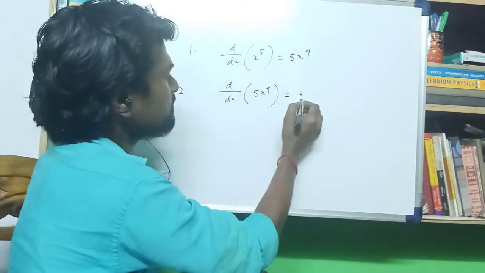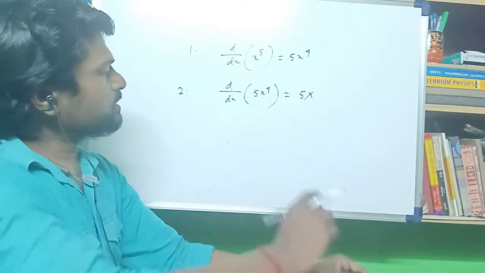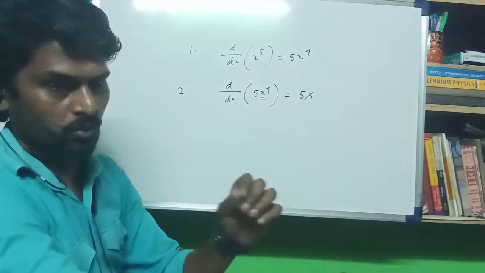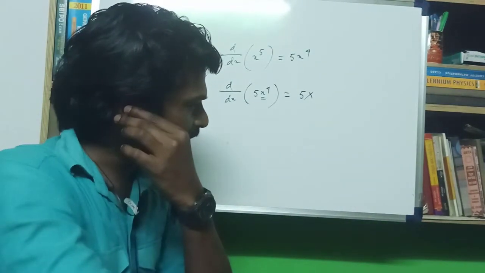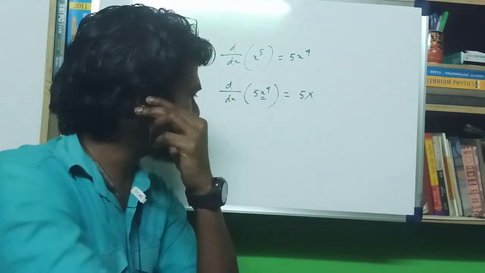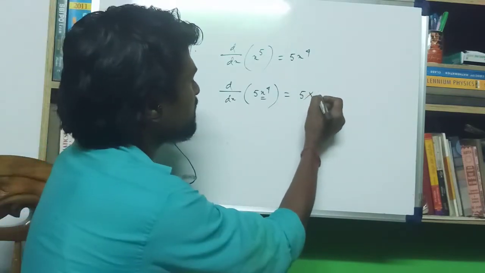Here 5 is the coefficient, so only the derivative of the function x to the power 4 is possible, but the coefficient 5 is not differentiated.